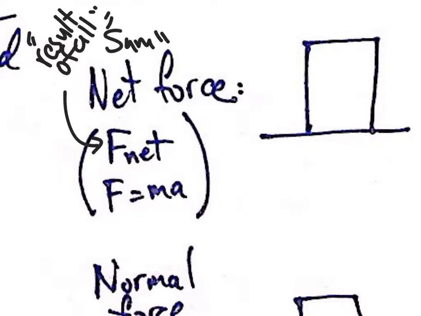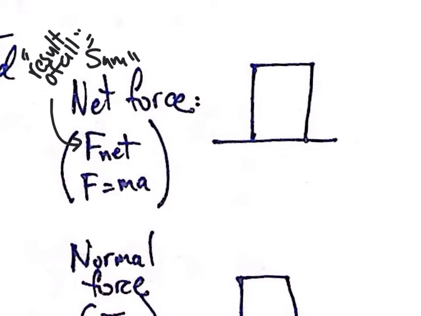But the idea is that when we talk about the net force, and this is how you'll see it written, F sub net, the net force is what we are referring to in F equals ma. So that right there is the net force, meaning the result of all the forces acting on the object that thus cause it to accelerate.